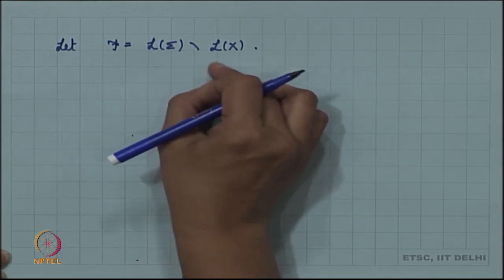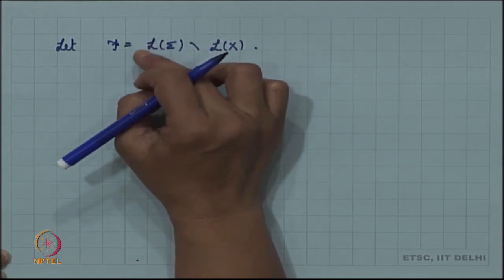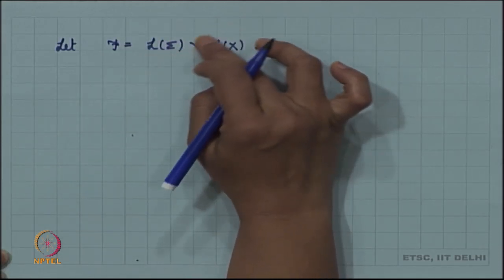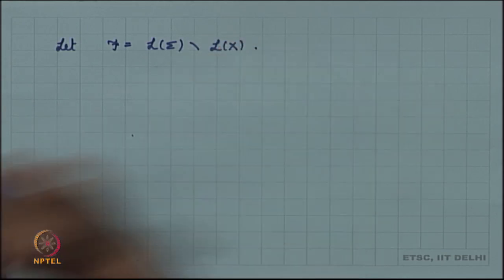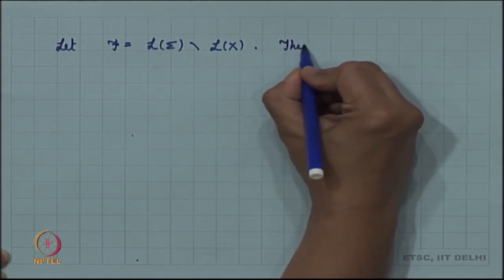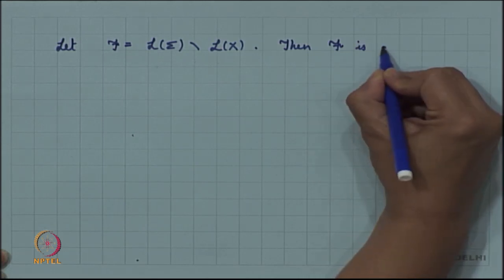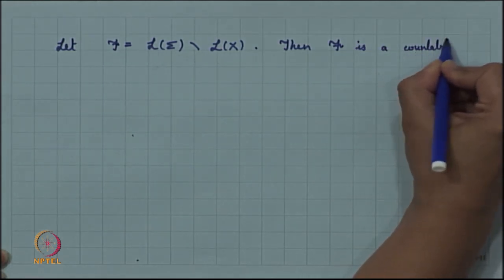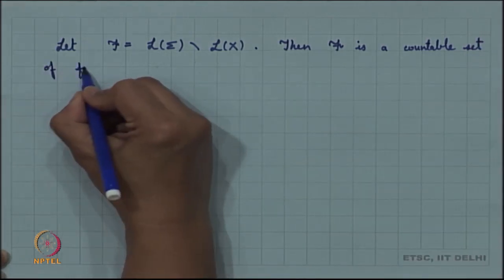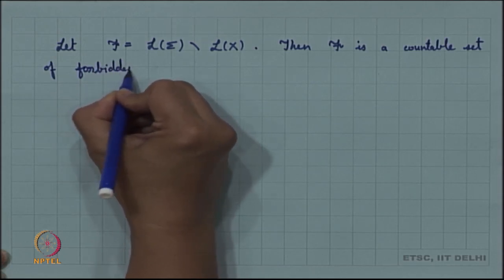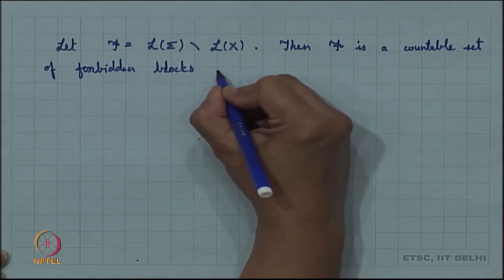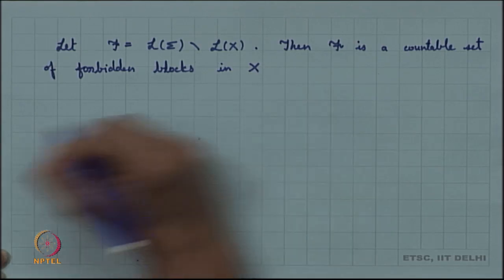So basically I am looking into those words which are words over A, but they are not a subword, they do not form any block in any sequence of X. So we find that here F happens to be a countable set of forbidden blocks in X. What does that mean?